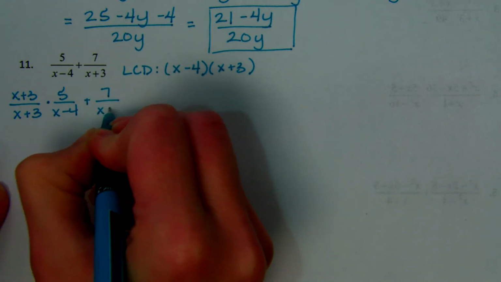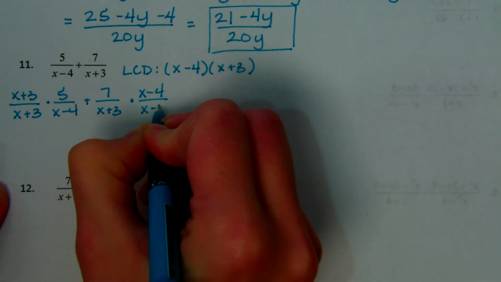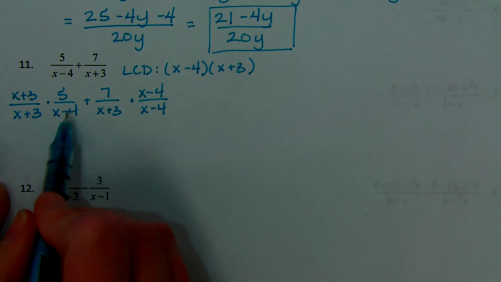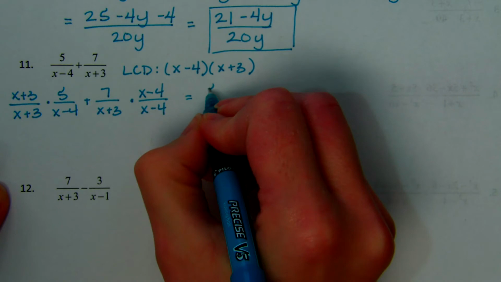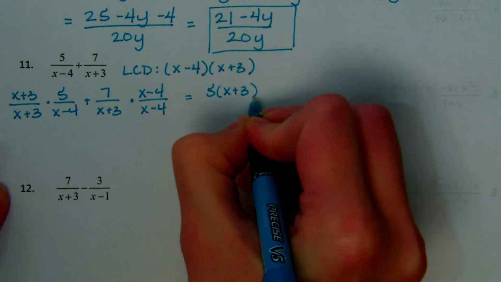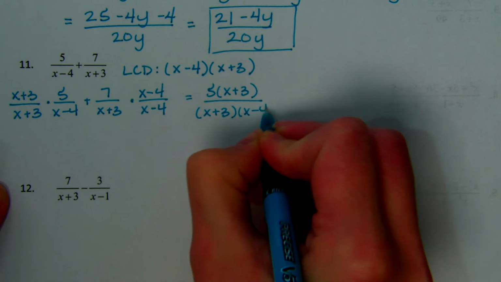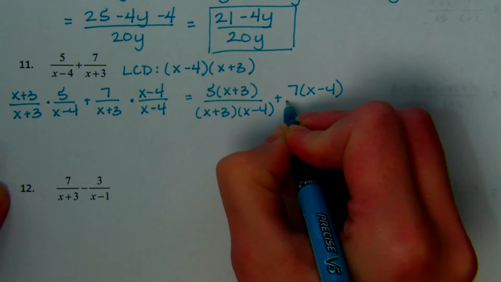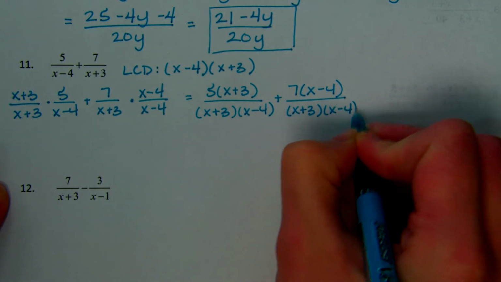And then plus 7 over x plus 3 times x minus 4 over x minus 4, like that. And so what this does is it gets the common denominator for both of my fractions. So this is 5 times x plus 3 over x plus 3, x minus 4, plus 7 times x minus 4 over x plus 3 times x minus 4.